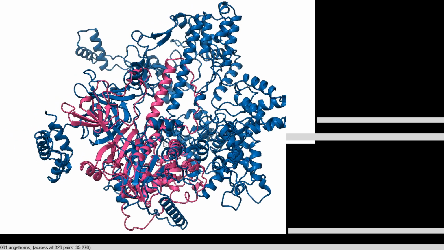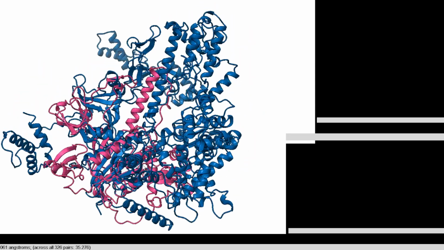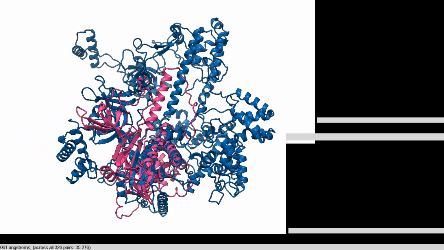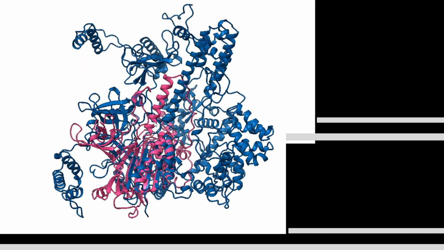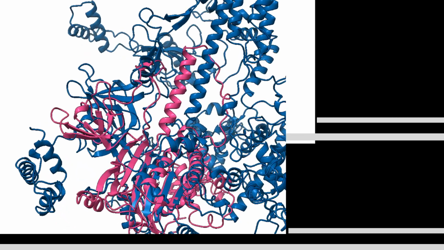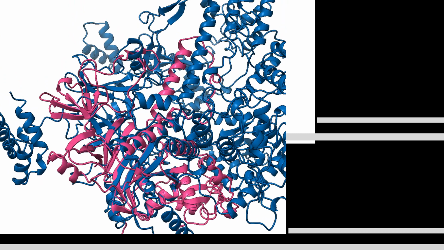So, a big problem that I want to quickly talk about with Matchmaker in ChimeraX. Can you see how this bridge helix isn't aligned with this bridge helix? Technically speaking, it can be. But for some weird reason, ChimeraX has decided it really wants to match RuvC together.